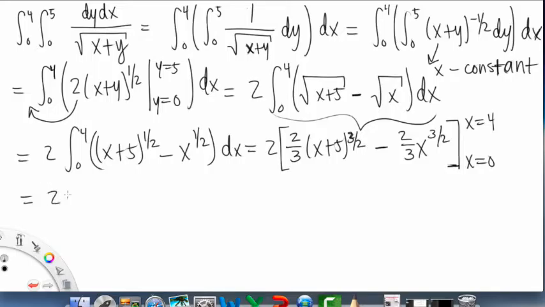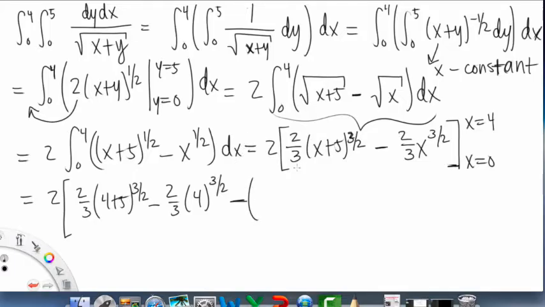So we have 2 just stays out in front for now. And we have 2 over 3 times (4 plus 5) to the 3 over 2 minus 2 over 3 times 4 to the 3 over 2, minus, and then when we plug in zeros for everything, (0 plus 5) to the 3 over 2 minus 2 over 3 times 0 to the 3 over 2.